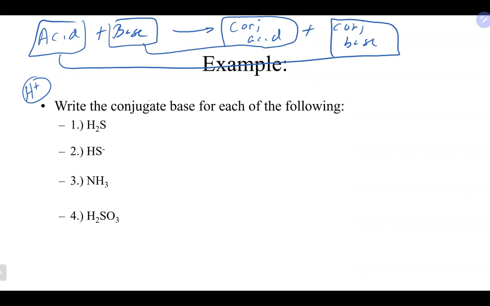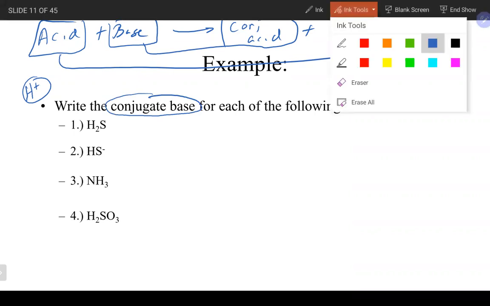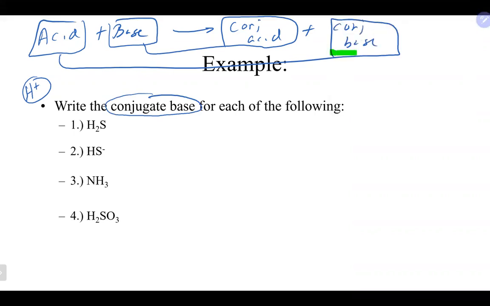In this particular case, we are looking for the conjugate base, which means if we follow it backwards, each of the things we're starting with here are acids.